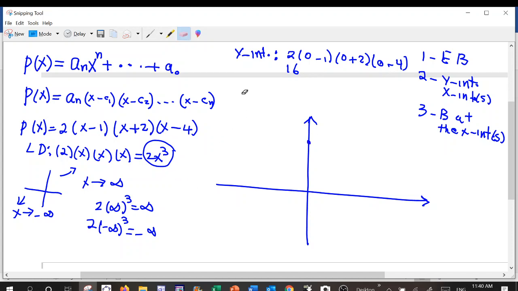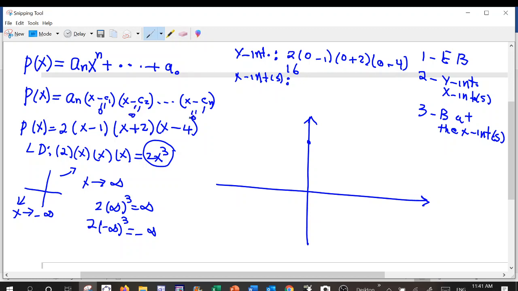All right, now we need the x-intercepts. That's a good thing about being in factored form. The x-intercepts are these numbers, but since you have to set this equal to 0 to find the x-intercept, the x-intercepts are the opposite of those numbers.